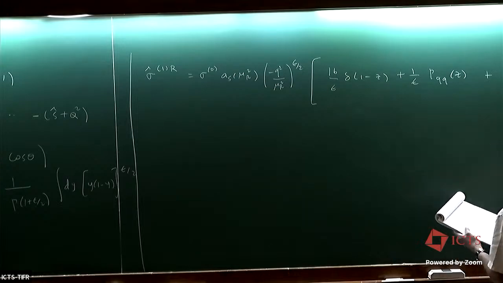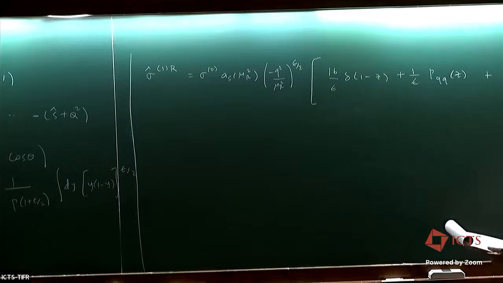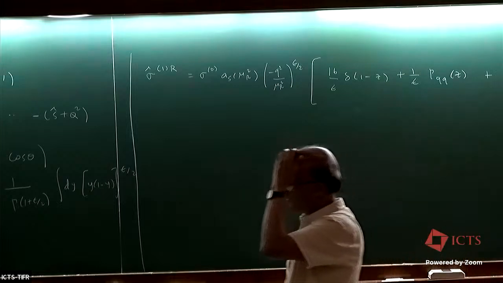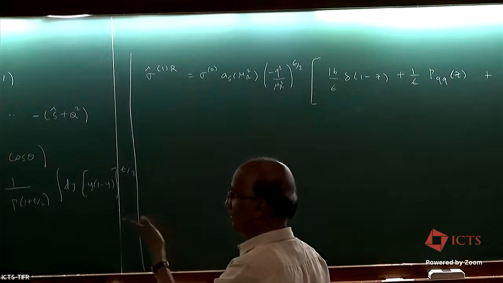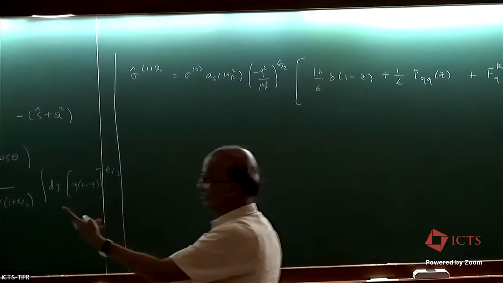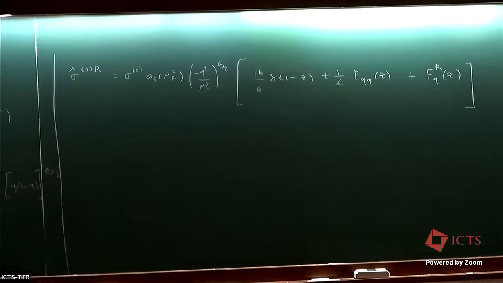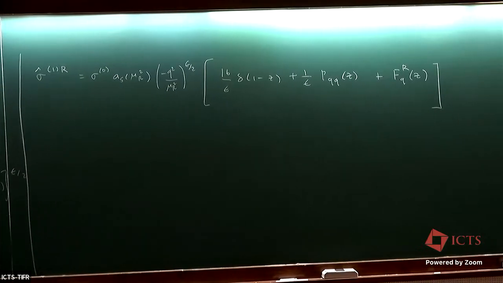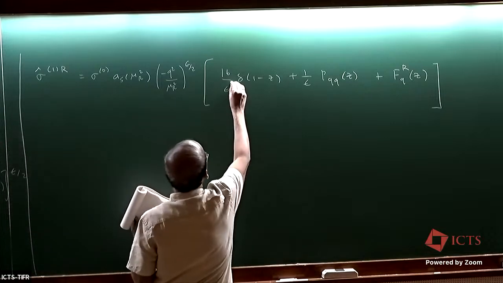I'm not explicitly writing down the expressions because I'm not going to use them anywhere. So if we calculate the 2 going to 2 process in QCD by substituting all the Feynman rules and performing this phase-space integral using this parameterization, you will end up with an answer like this.